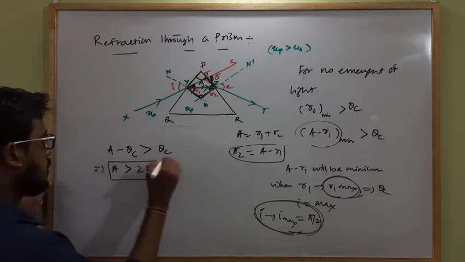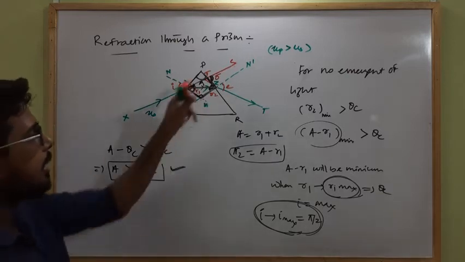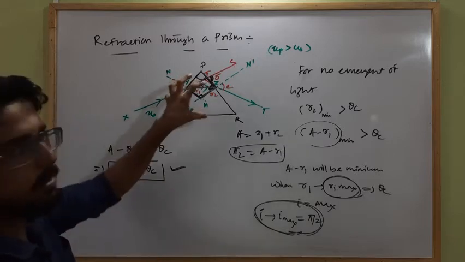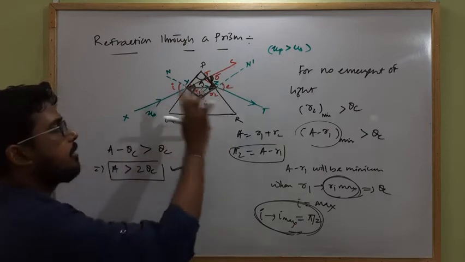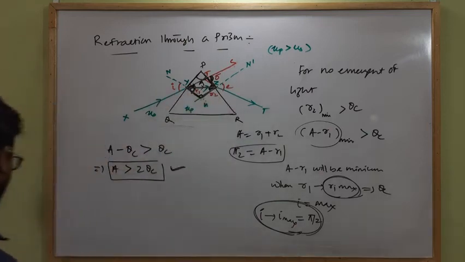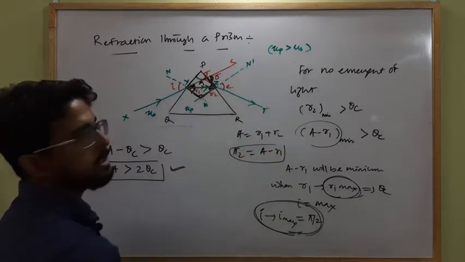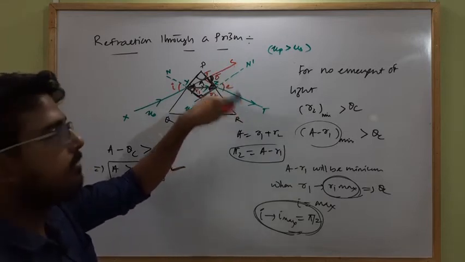This is the condition for which there will be no emergence of light ray. When the angle of prism is greater than 2 times the critical angle for this prism and surrounding surface, then there will be no emergence of the light rays. Clear? Similarly, when the light ray will always remain outside, it will never get total internal reflection at this surface.